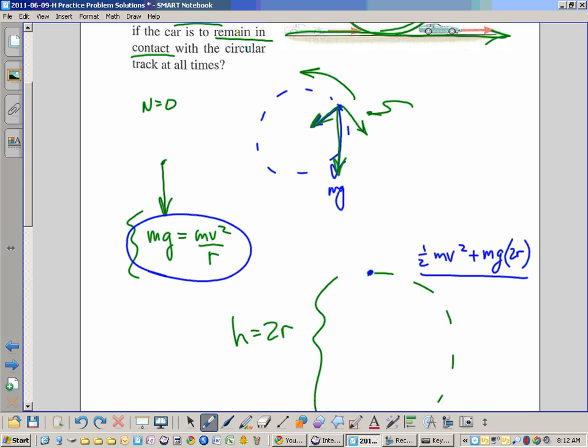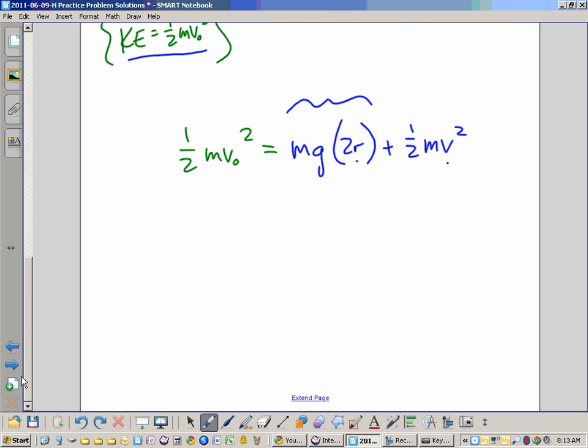And so what does that mean? We know that v squared is going to be equal to gr. V squared is just gr, and we didn't bother taking the square root and then squaring it again. So we know that 1/2 mv naught squared is equal to mg2r, and I'm doing the r in a different color because that's what we're trying to keep track of.